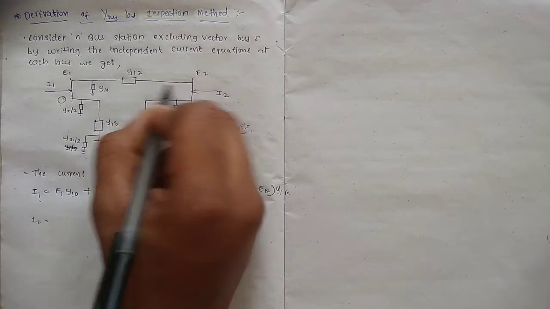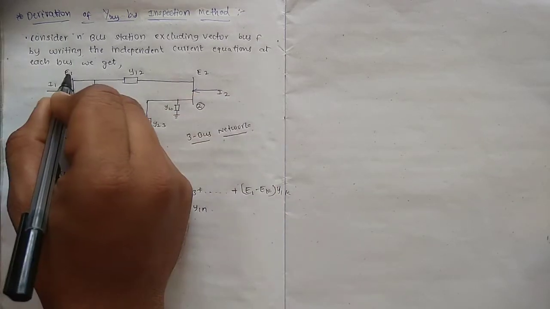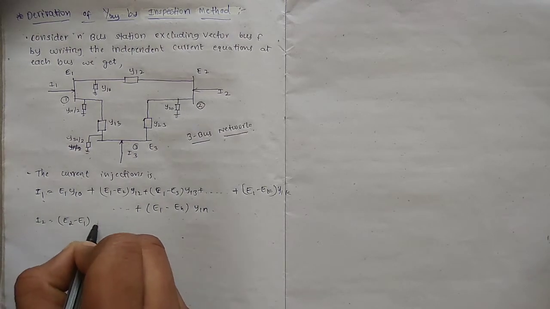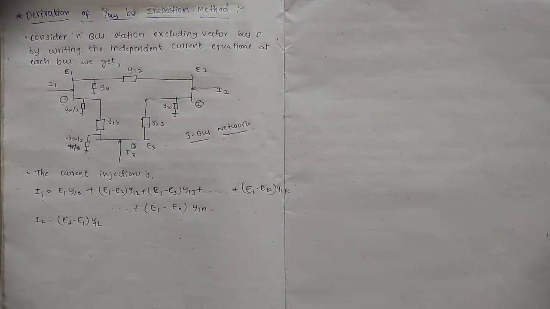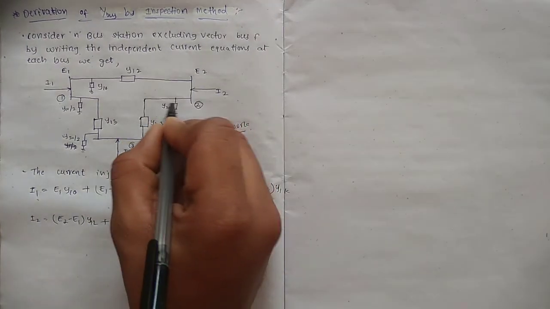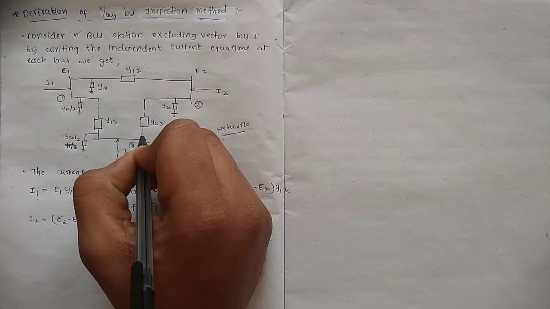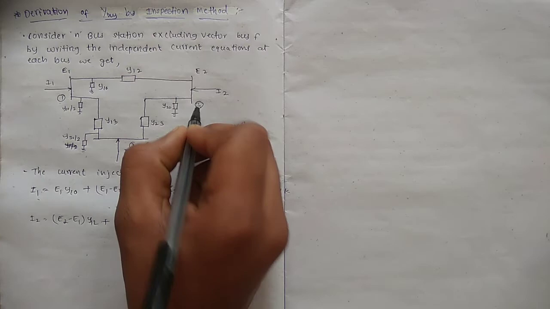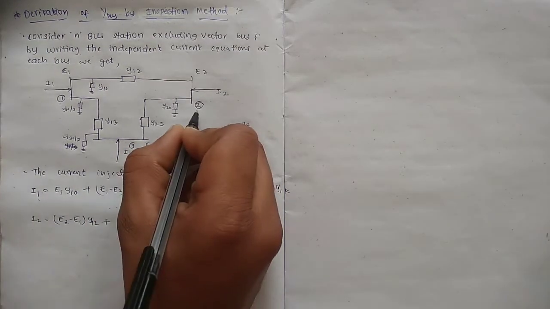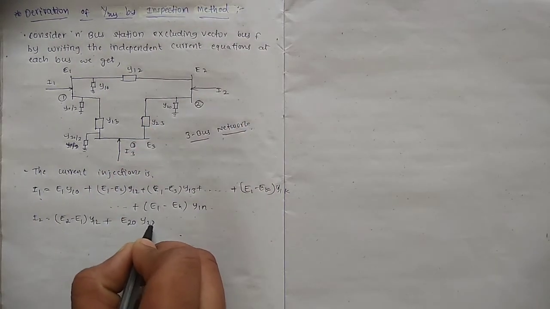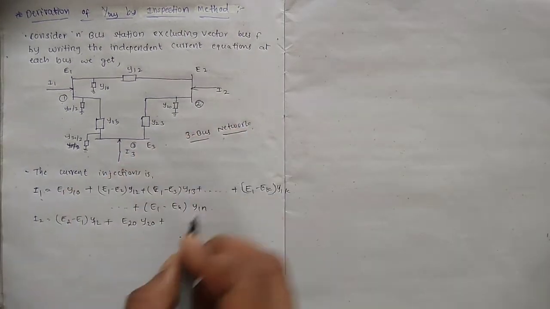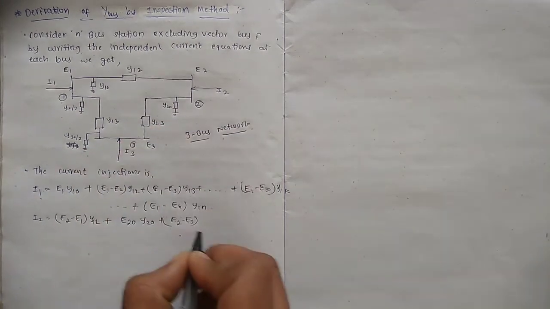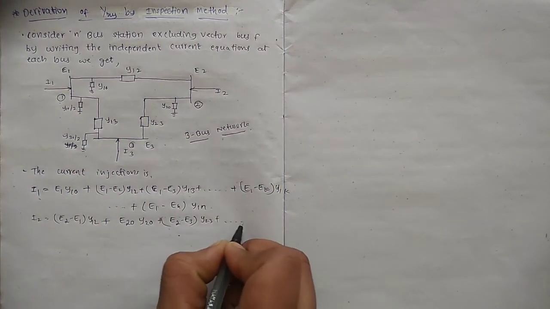We don't have charging admittance here, right? Therefore, directly take (E2 minus E1) into Y12, plus, and here there is only one charging admittance, as the other end we don't have. Therefore, we have to consider this charging admittance E2 into Y20, plus (E2 minus E3) into Y23, and so on.